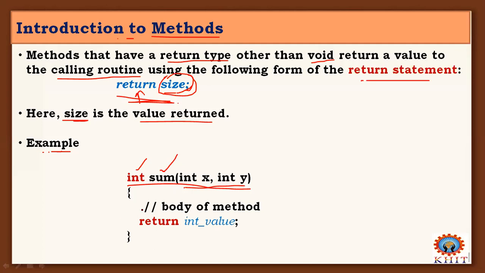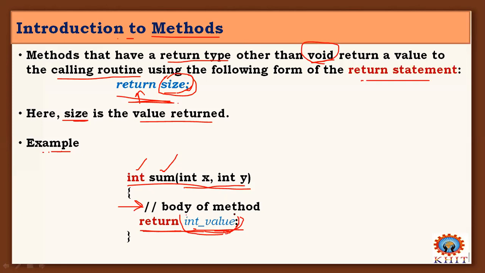Coming to the body of the method, the last statement should be this one. For a method whose type is other than void, the last statement should be a return statement, and this return statement should return an int value only.